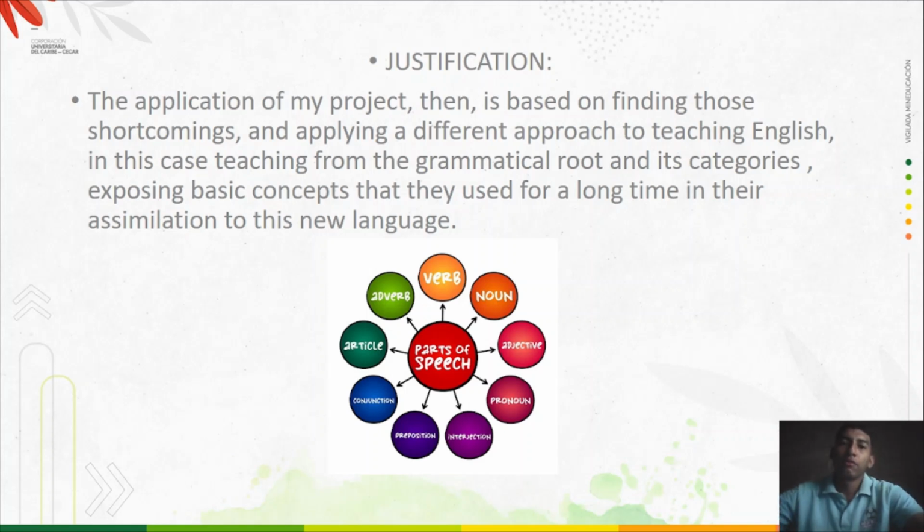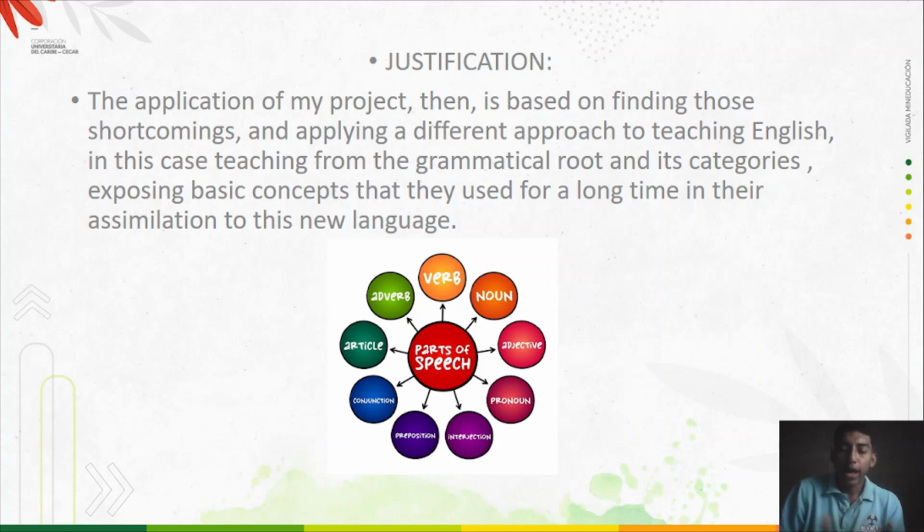Now my justification for the implementation of this project is that I based my project on applying a different approach to teach English. In this case, I teach from a grammar root and these categories.